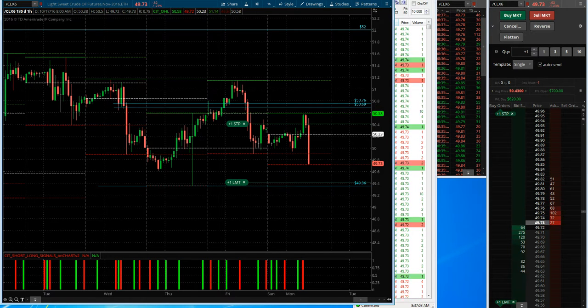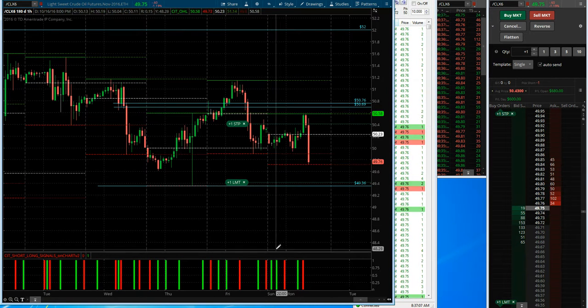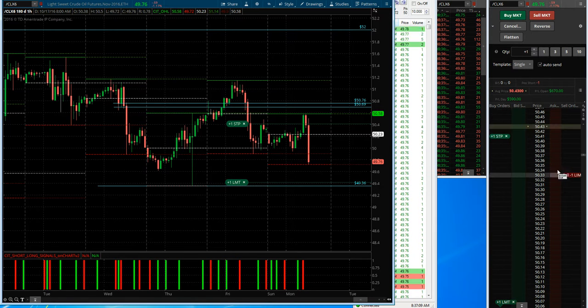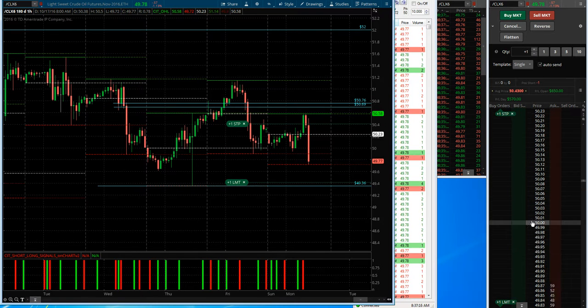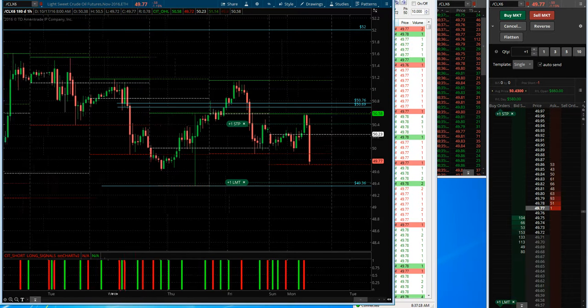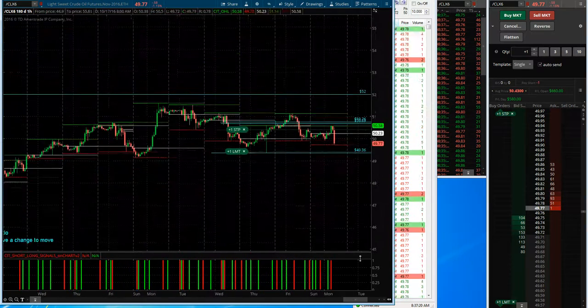I am keeping the entry at this point. I just moved it to break even plus two, just in case. So I think my rule was anywhere from a tick to 10 ticks worth.